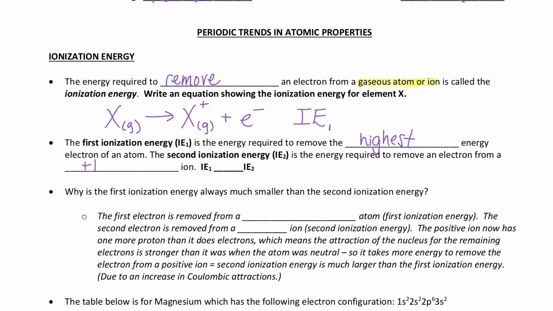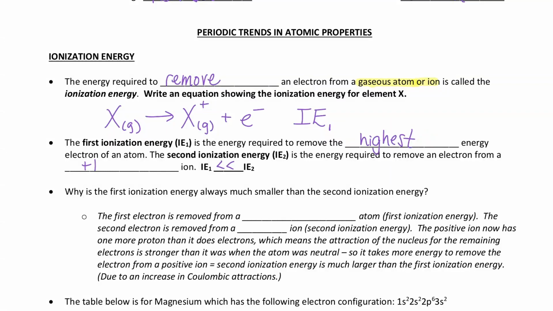What's the relationship between first and second ionization energy? Greater than, less than, or equal to here. First ionization energy is going to be less than second ionization energy.